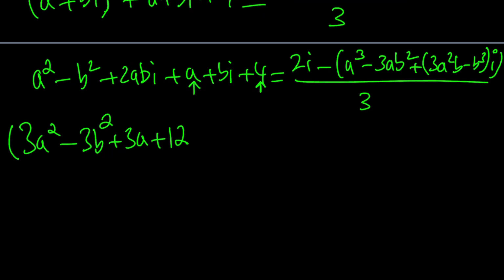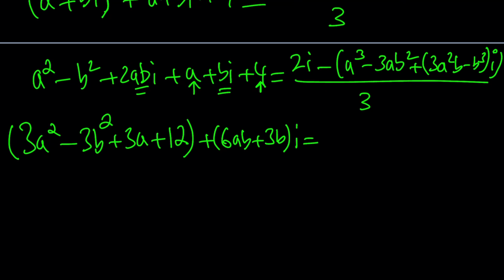If you want, you can put that in parentheses. It kind of helps sometimes. Plus, the imaginary part is coming from here and here, and you can write it as 6ab plus 3b, and of course, multiplied by i. And that's going to equal what's in the numerator, which is the complex number 2i minus z cubed.